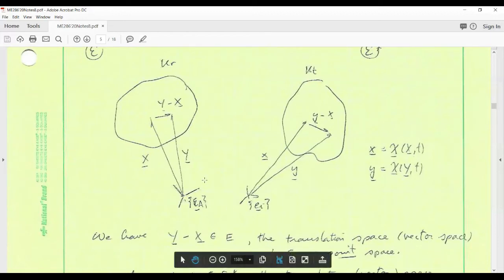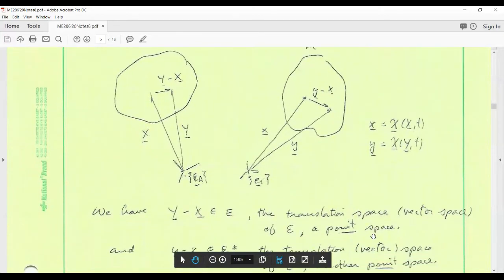So points themselves are not vectors, but relative position is a vector. Okay, so notice that the relative position does not rely on a choice of origin, relative to which you measure position. And in the definition of a vector space, there's no room for the concept of origin, in fact. So it's these translations from X to Y, the elements of which are actually vectors. We call them elements of the translation space.